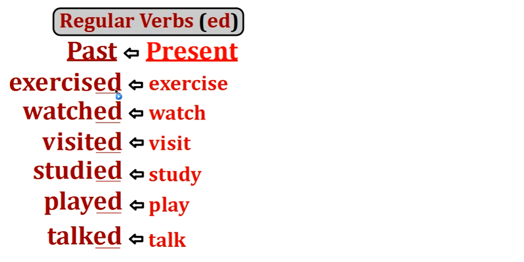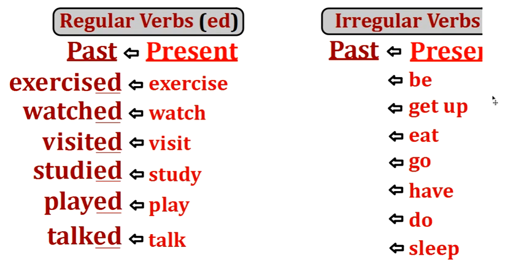So the regular verbs are easy, but the other verbs we have today are the irregular verbs. And the irregular verbs do not use ed. And that's why we call them irregulars. So these verbs in the present tense are verbs you are going to see today, but in the past.